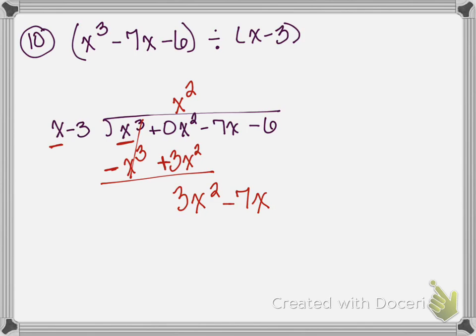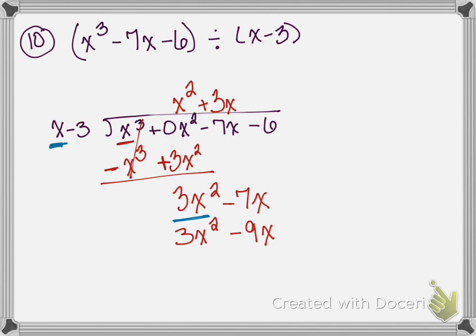Now I'm going to ask myself, x times what gives me 3x squared? It's 3x, because x times 3x gives me 3x squared. 3x times negative 3 gives me minus 9x. 3x times x gives me 3x squared.